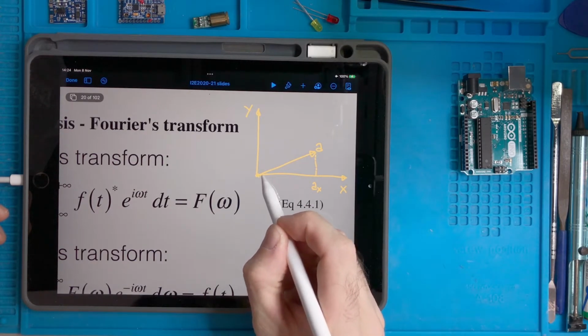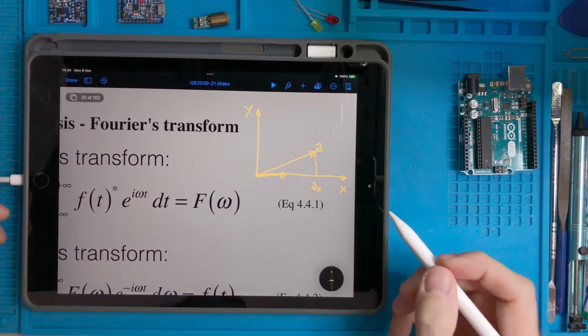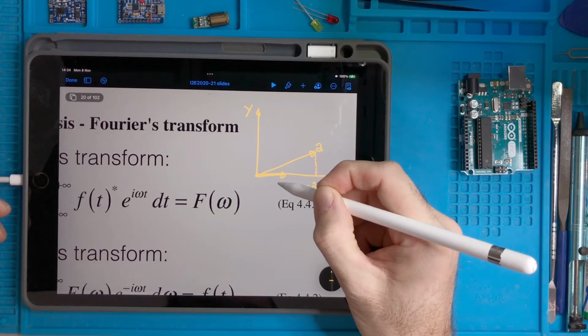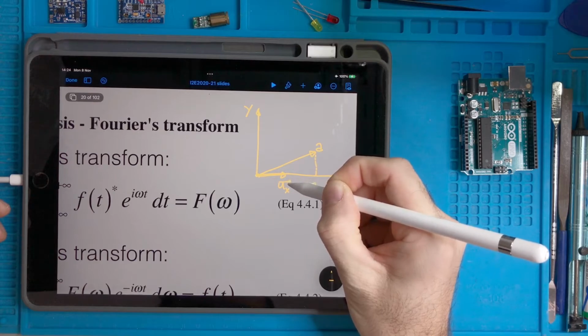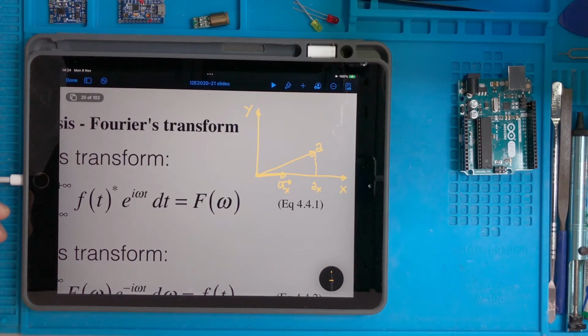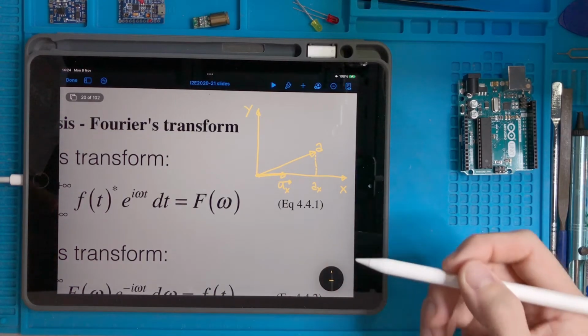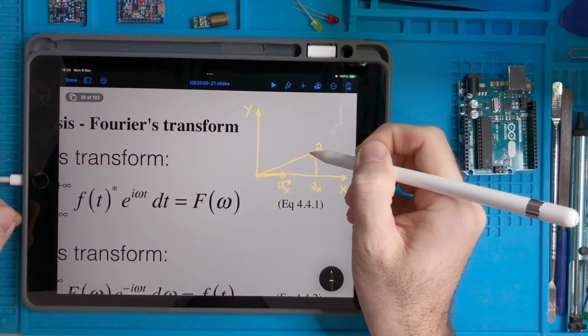Here we have the unit axis UX. It's a vector, so I put an arrow on the head of it, so we can distinguish the vector from the length of the projection.